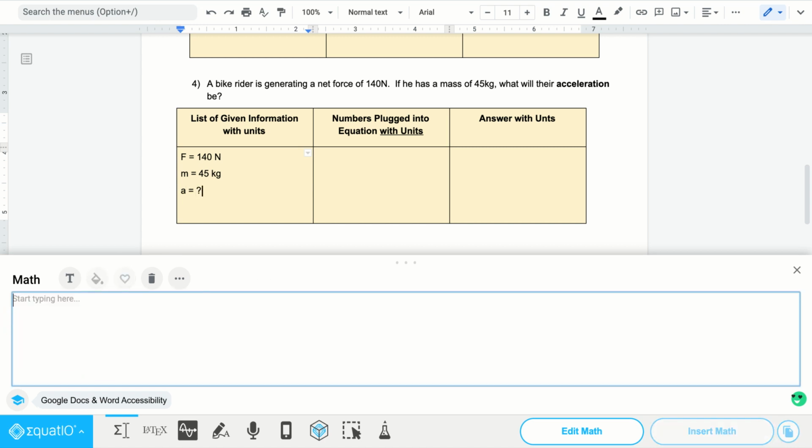We'll use that equation, solve for acceleration, which is force divided by mass. Substitute numbers in that. The force is 140 newtons. Divide that by the biker's mass, 45 kilograms.